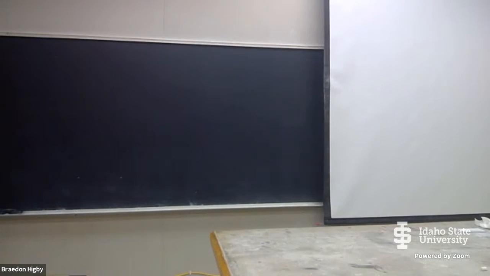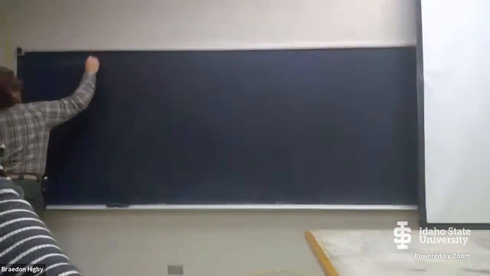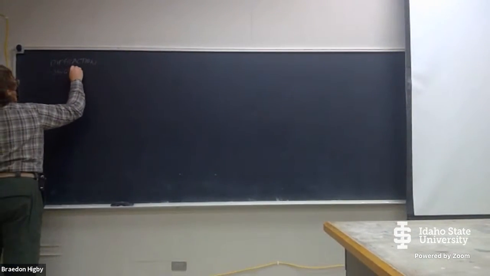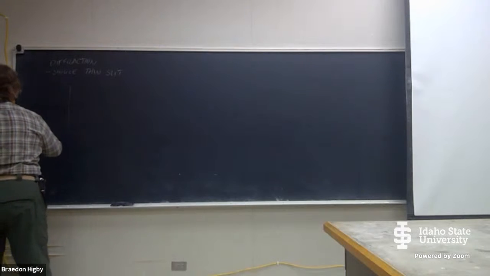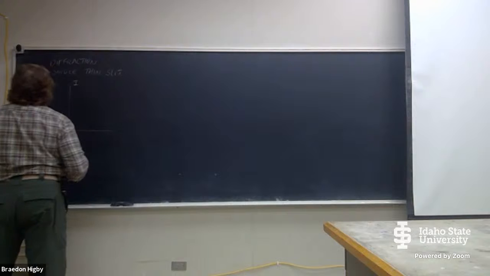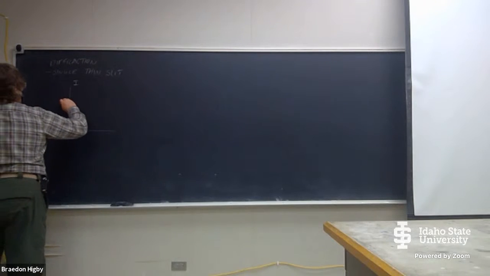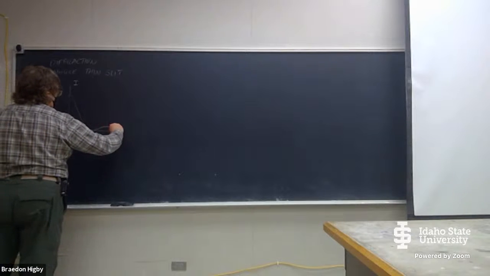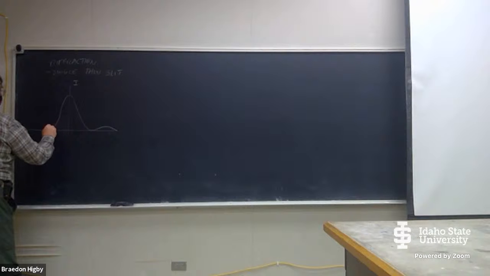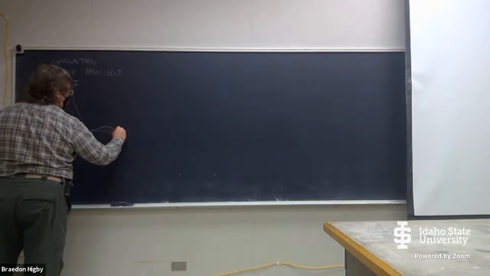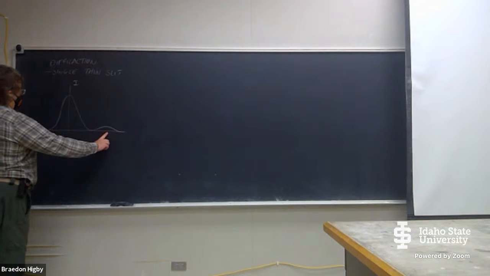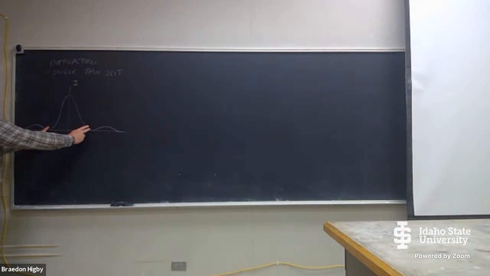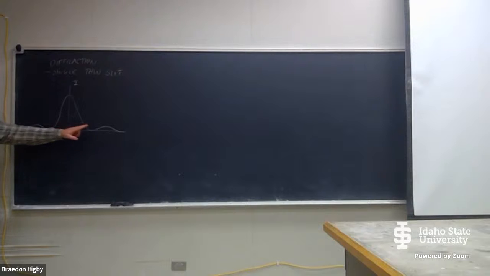So for a diffraction pattern, if we look at intensity as a function of position on a screen, we'll have a bright central maximum, and then the first minima, and then secondary maxima, and then additional minima, such that the width of this central maximum is twice the width of the secondary maximum.